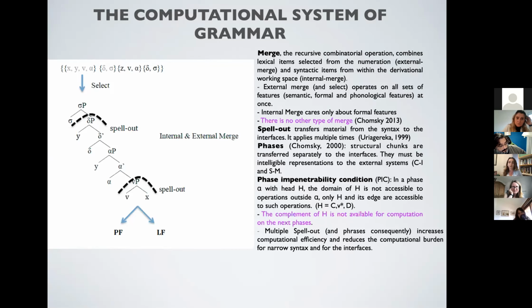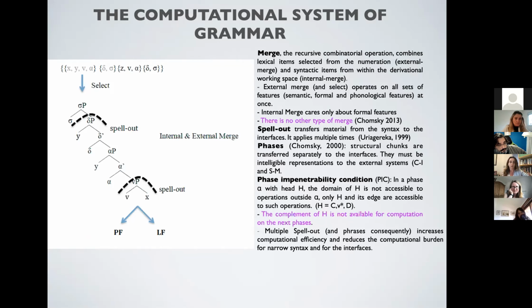Spell-out transfers material from the syntax to the interface, and it applies multiple times, either spell-out or transfer. Phases are structural chunks that are transferred separately to the interface, and they must be readable. They must be intelligible representations to the external systems. The Phase Interpretability Condition says that in a phrase, when you hit the head of that phase or the next head, the domain of that head will be sent to the interfaces, and it won't be available for further computation.